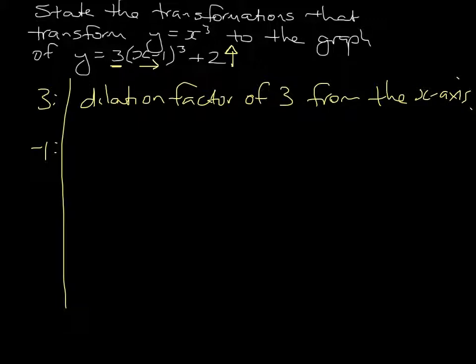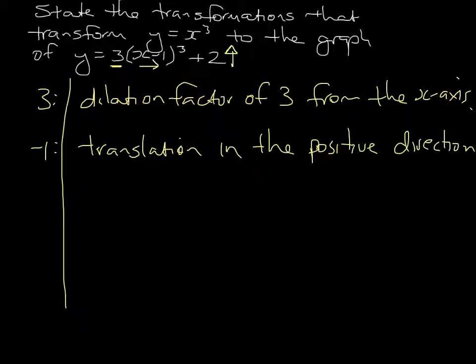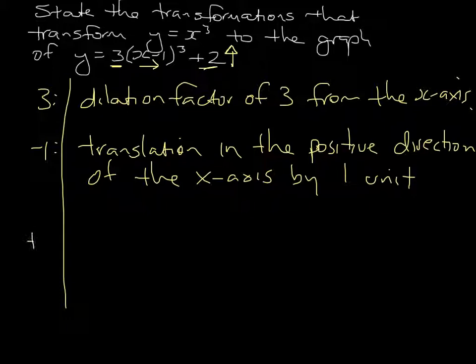So the -1, that's a translation away from the y-axis, or in the positive direction of the x-axis by 1 unit, and the +2 at the end here is going to be a translation in the positive direction of the y-axis.